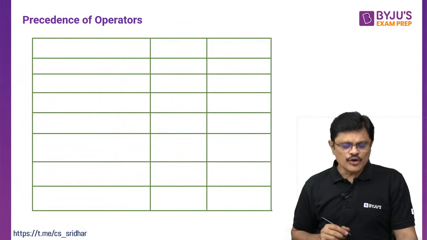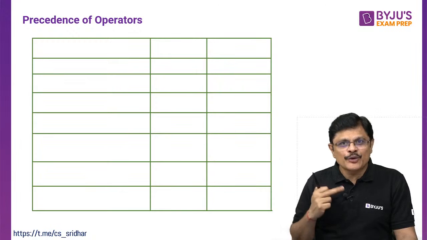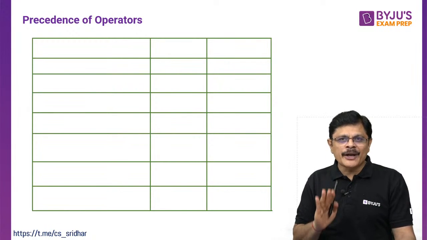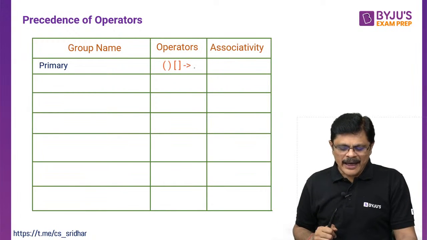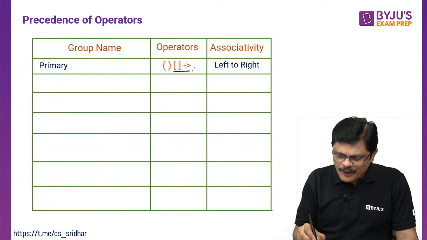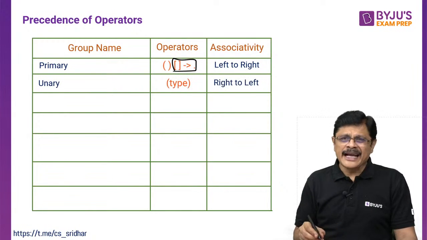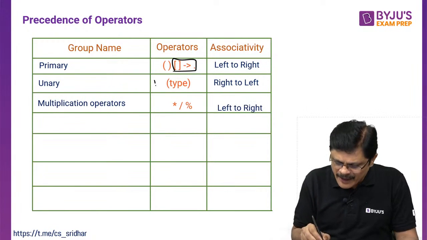Precedence of operators. So far, what all the operators have we seen? Don't worry, towards the end of today's class I'll give you a mnemonic to remember this. But so far, what are the operators we learned and what is the order of their precedence? Primary, of course, we will discuss later. Unary, typecasting is all we learned. Of course, unary plus and unary minus we also use.